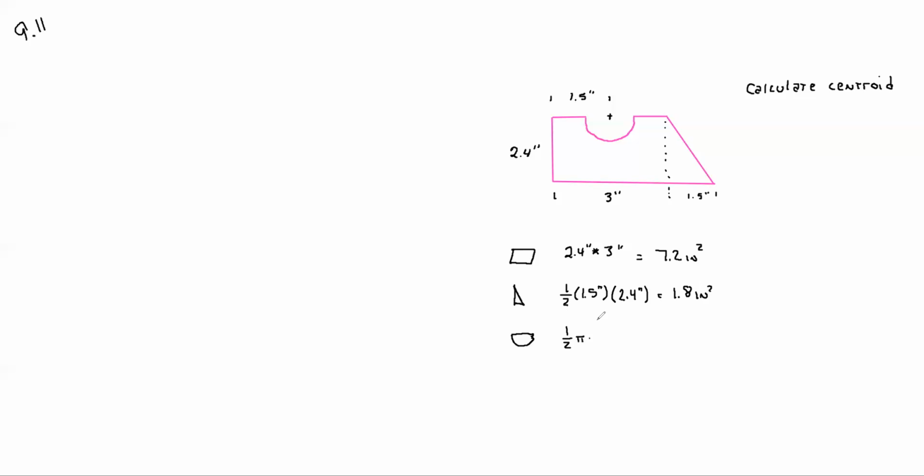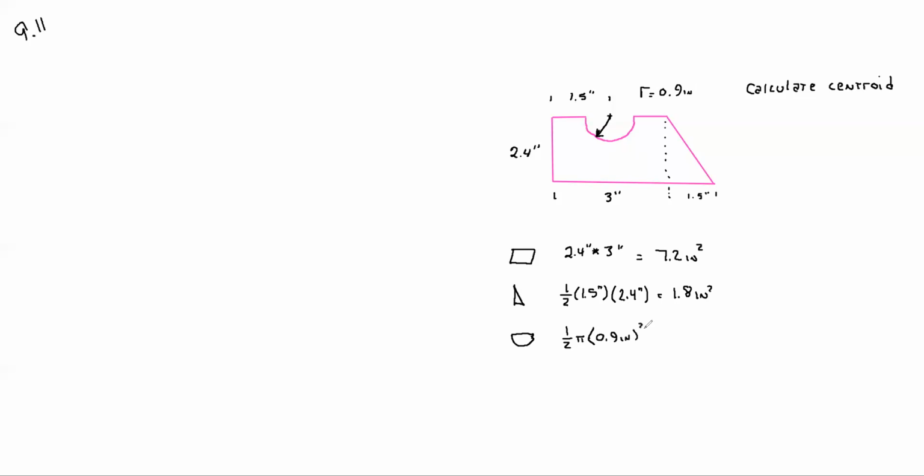And then a semicircle would be 1/2 times pi times the radius squared. Oh, we need the radius, don't we? The radius is equal to 0.9 inches. So 1/2 times pi times this radius squared.